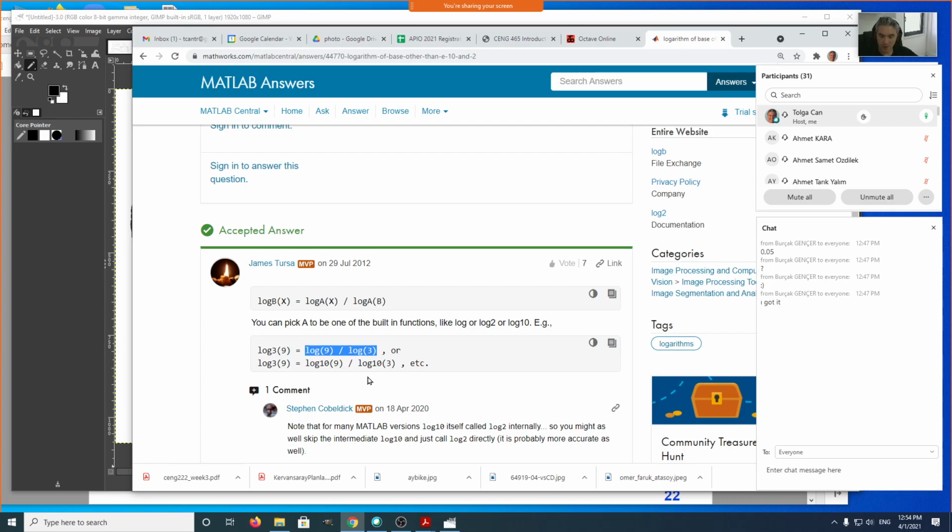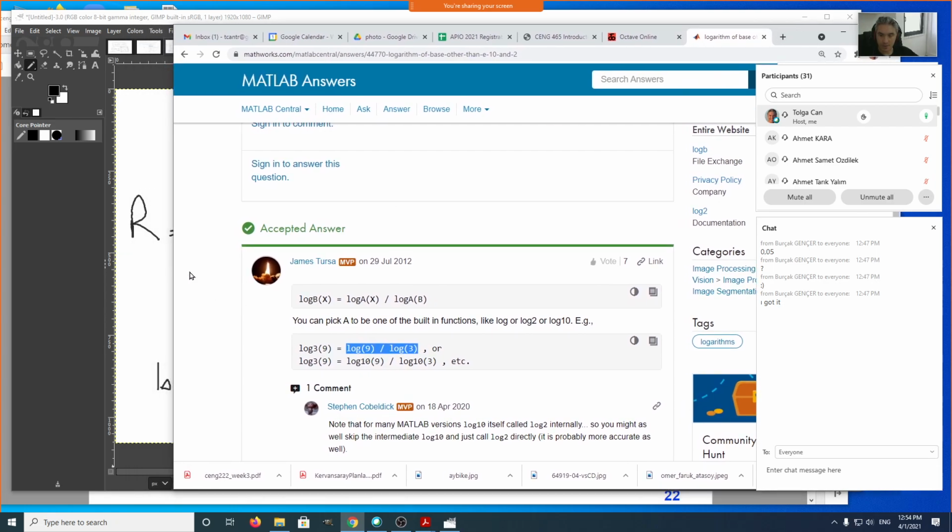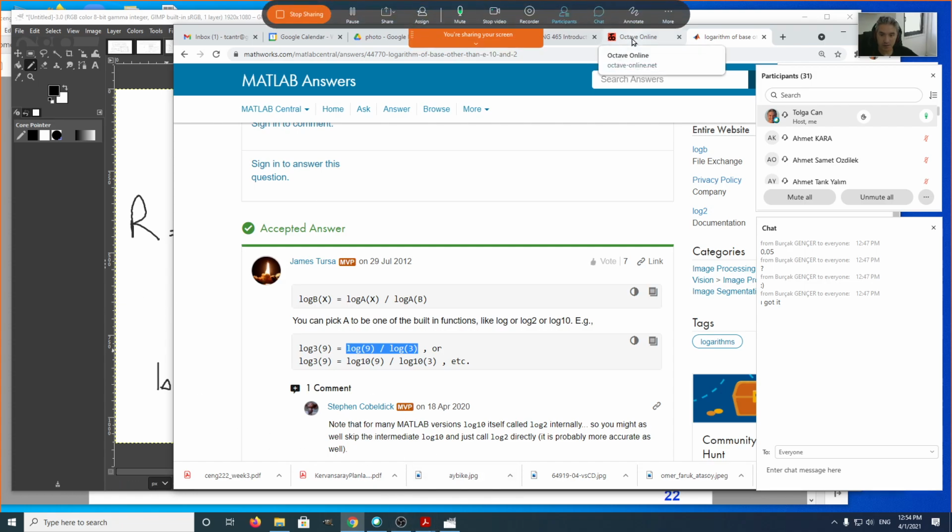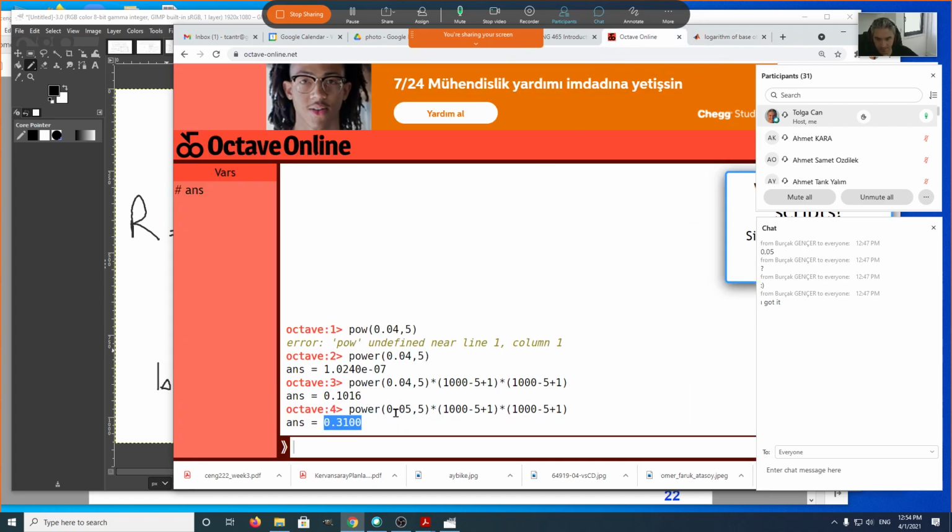So all we need to do is, let's go back to this. Let's use a natural logarithm. So 300 times 500, this is the natural logarithm, and we are going to divide it by log 4.